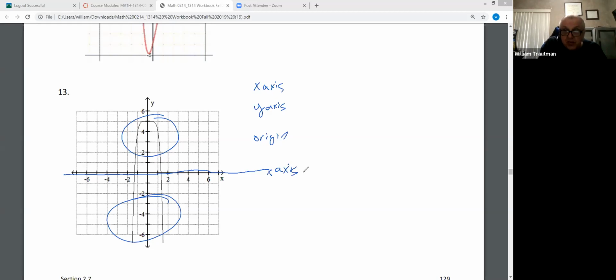Yes or no? If I flip this down to the bottom, does it look the same down there? No, because this has a closing spot. There's no closing spot down here. So with the x-axis, it's not symmetrical.